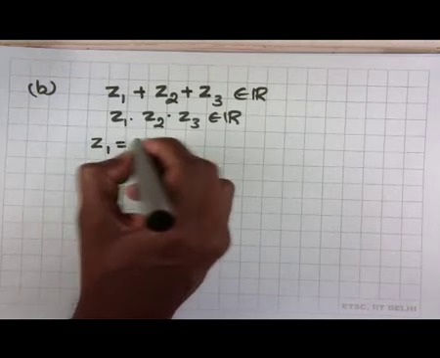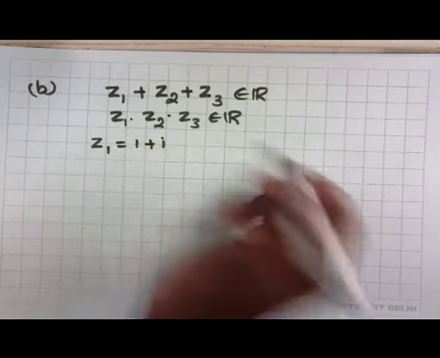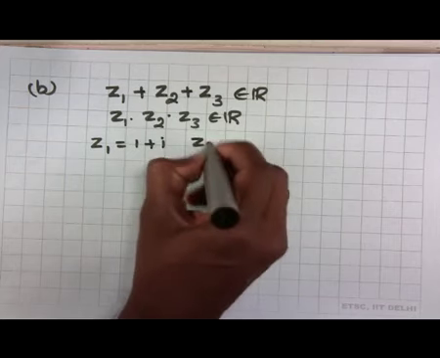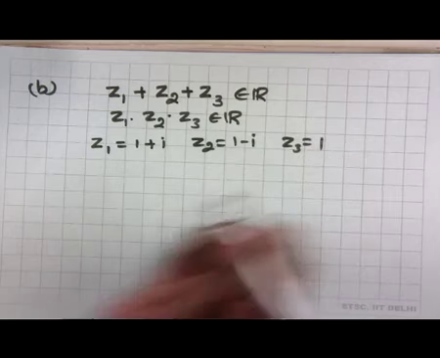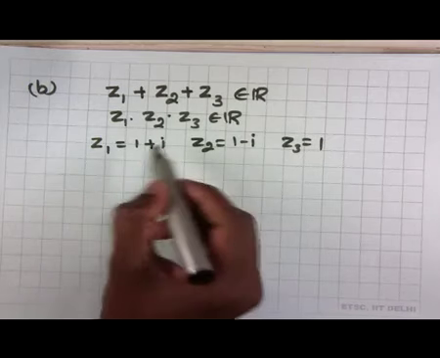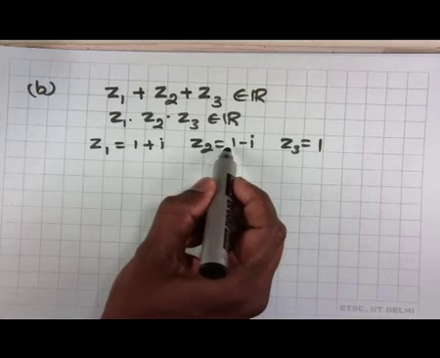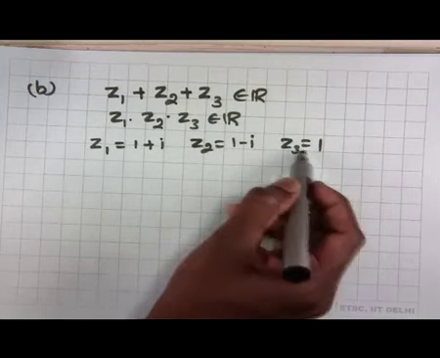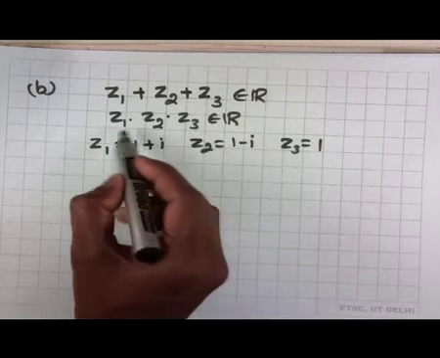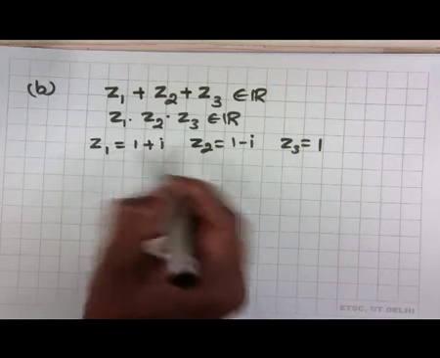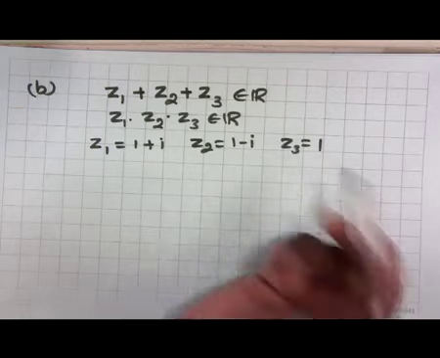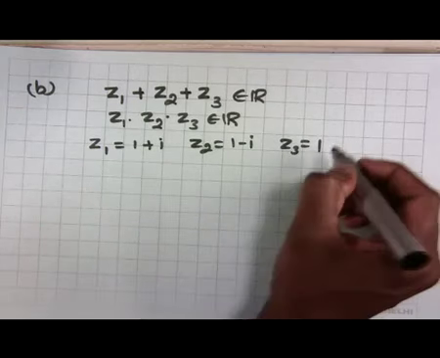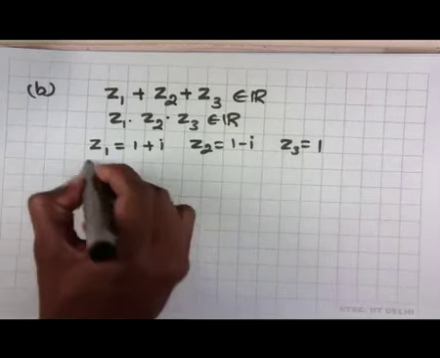I take Z1 as fixed, Z2 as its conjugate and Z3, let us say, simply 1. Then their sum is real and together with Z3 gives a real number. Further, when you take the product Z into Z bar, we know it is a non-negative real number, and its product with Z3 is again a real number. So, yes, this is possible.